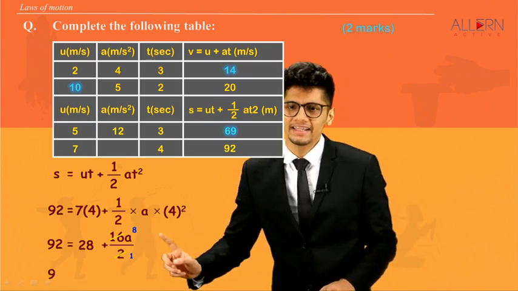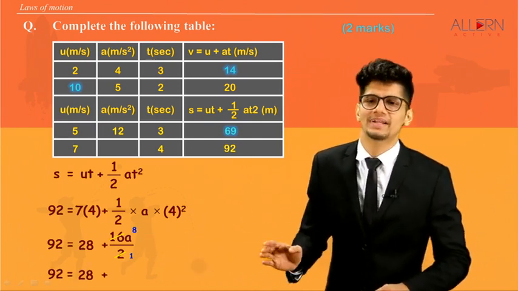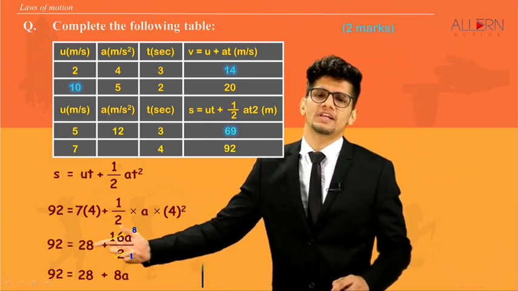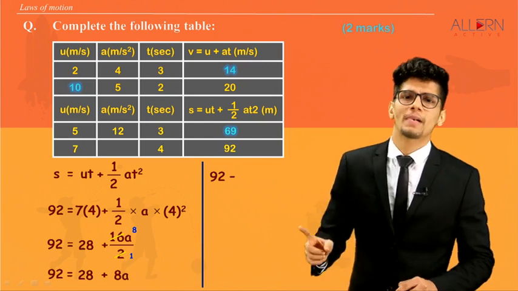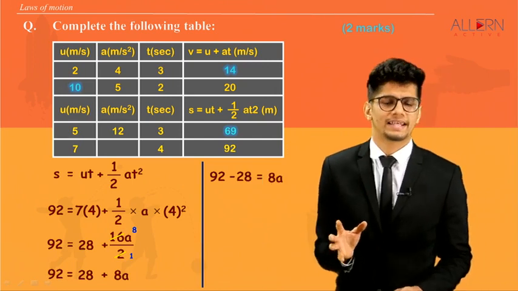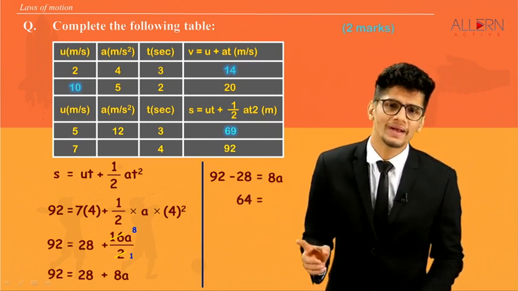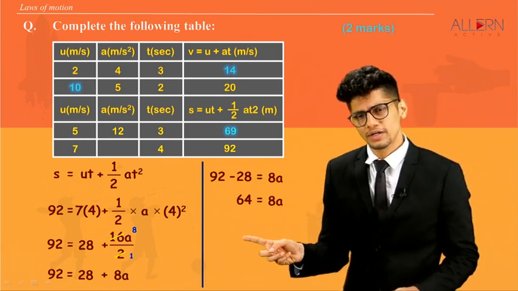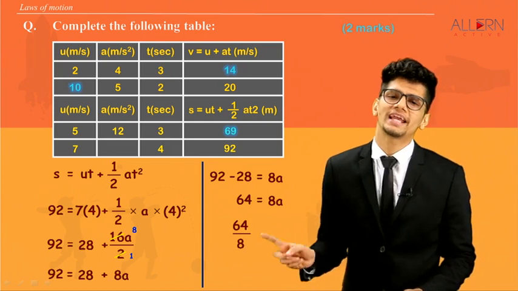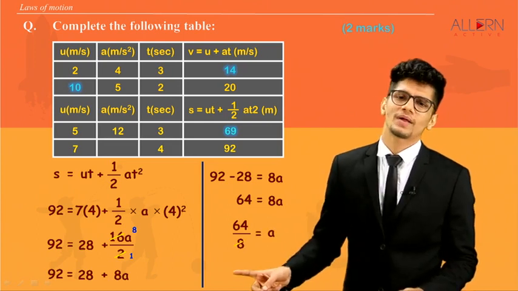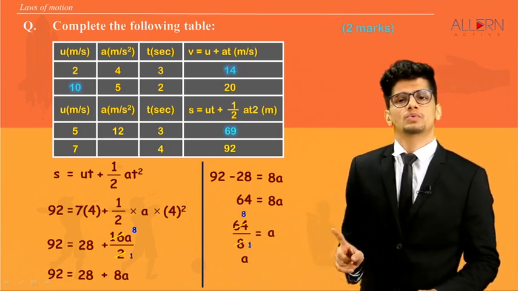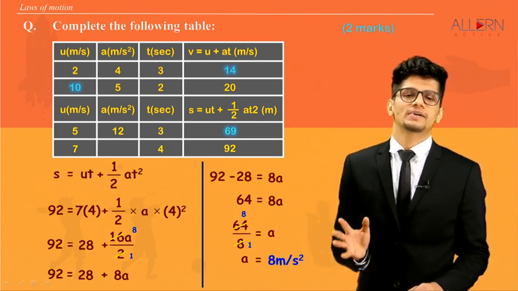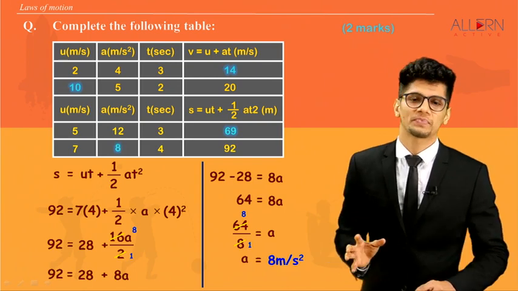So we have 92 is equal to 28 plus 8A. Now what we do is, we shift 28 to the left hand side. So we get 92 minus 28 is equal to 8A. When you subtract 92 and 28, the answer is 64, 8A. 8 goes into the denominator. We have 64 upon 8, which is equal to A. So 8 1s are 8 and 8 8s are 64, is equal to A. That is, A is equal to 8 meters per second square. So the answer is 8.